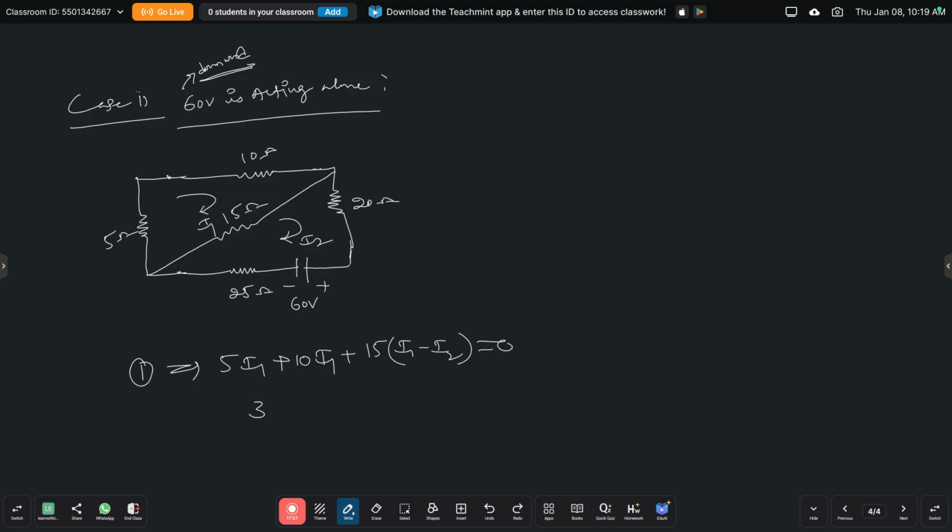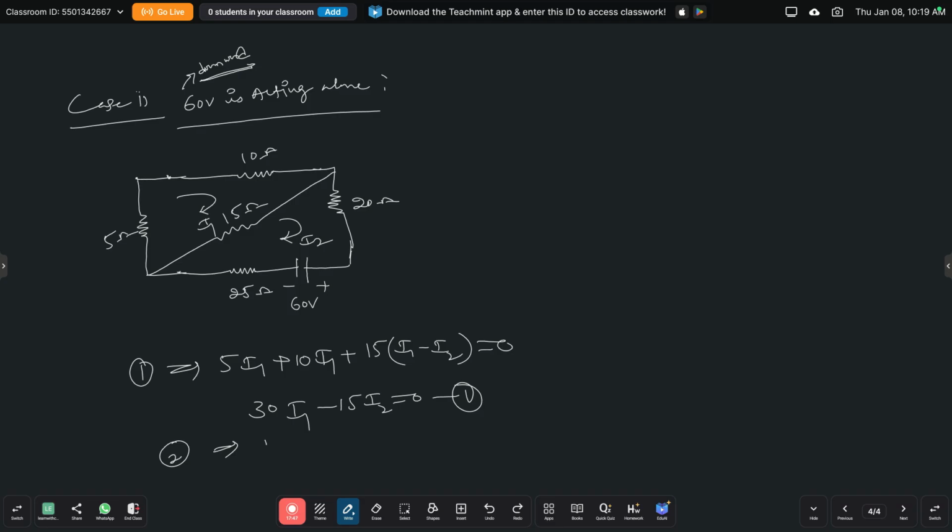By simplifying this we get the equation as 30 I1 minus 15 I2 equals 0. This is equation 1. In the same way, just apply mesh analysis to loop 2.